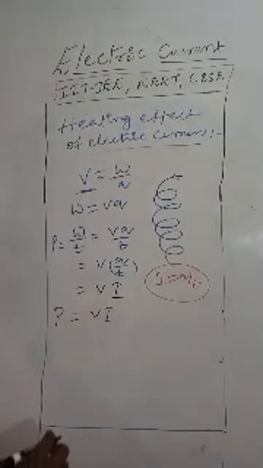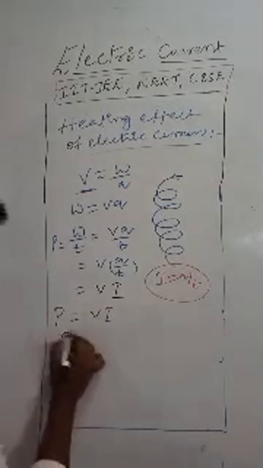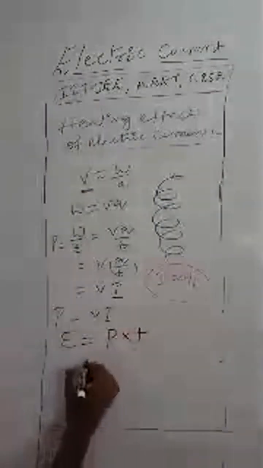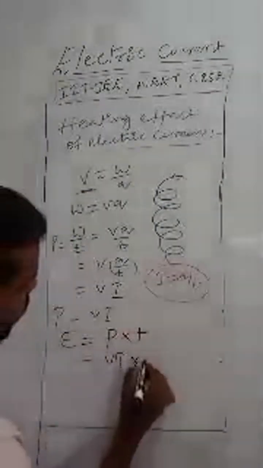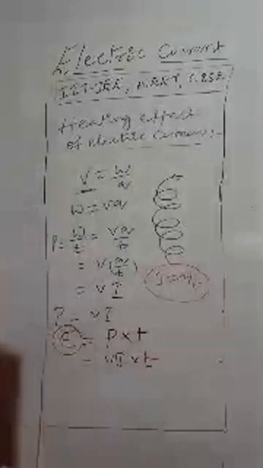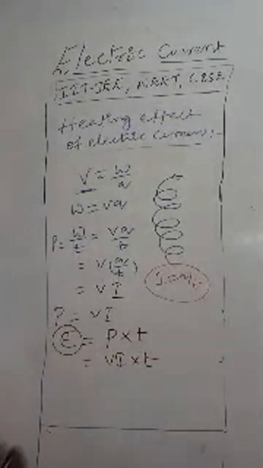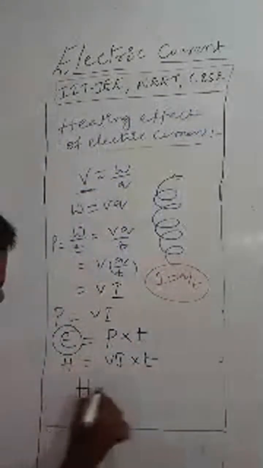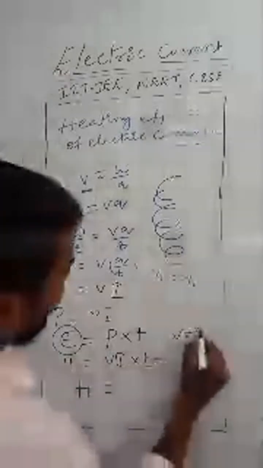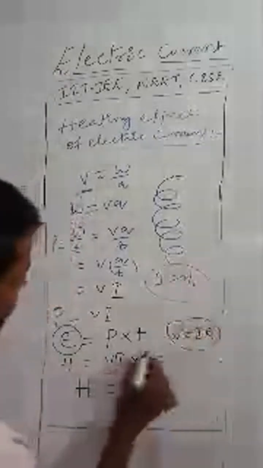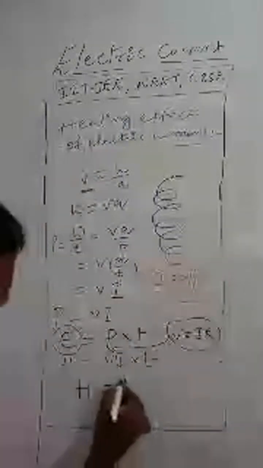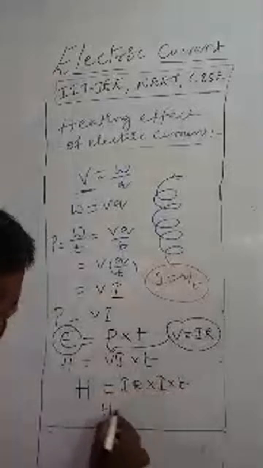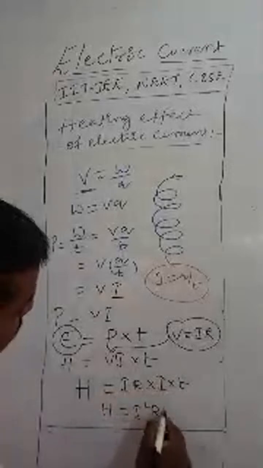How much energy are we getting? Power into time gives VI into T. Whatever energy we give to the conductor is completely converted or dissipated in the form of heat. So H equal to, we know V equal to IR. If you write it in this equation, you will get IR into I into T, so H equal to I square RT.